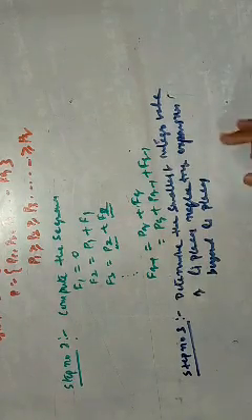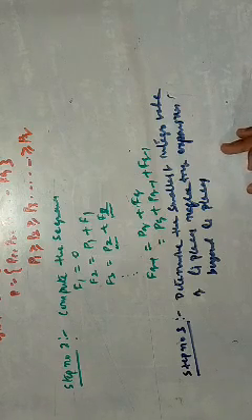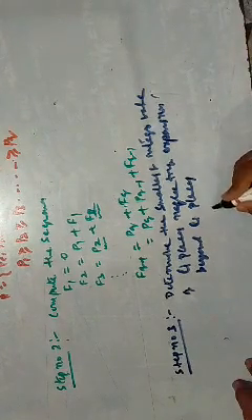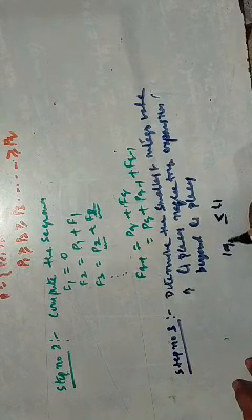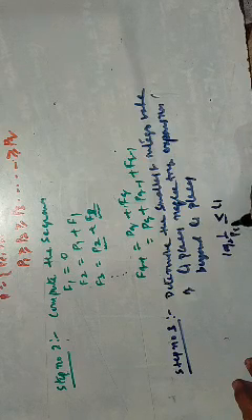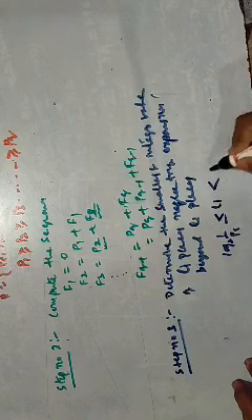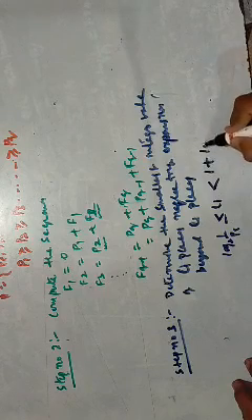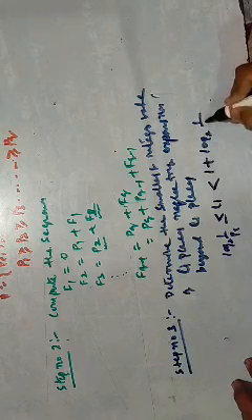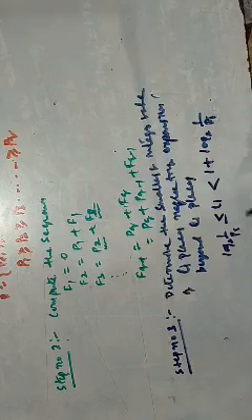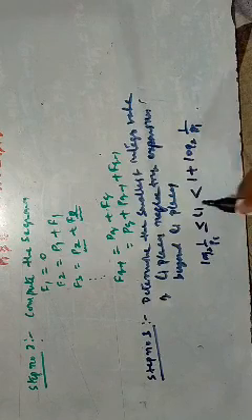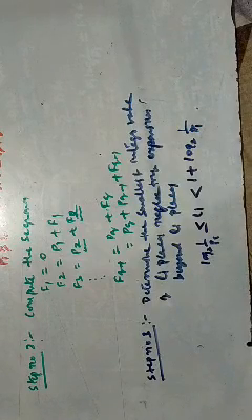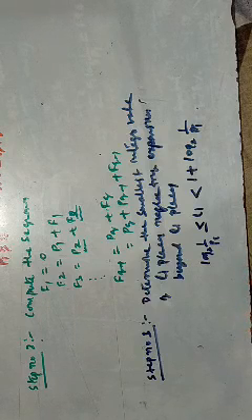Generate the length of each symbol using the formula: Li greater than or equal to log 2 of 1 upon pi, and less than 1 plus log 2 of 1 upon pi. By this you have to find Li. Li should be an integer, and the smallest integer has to be considered.